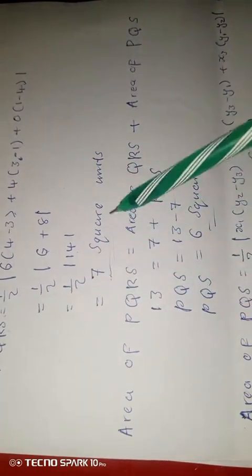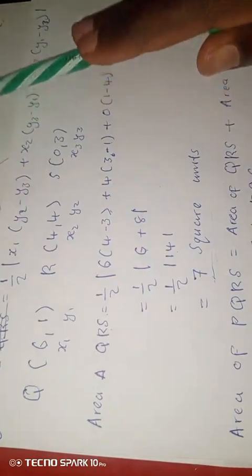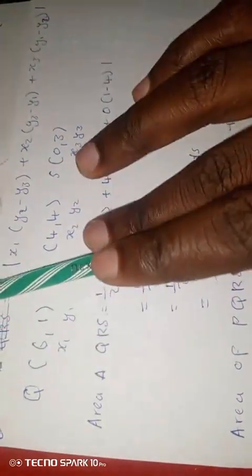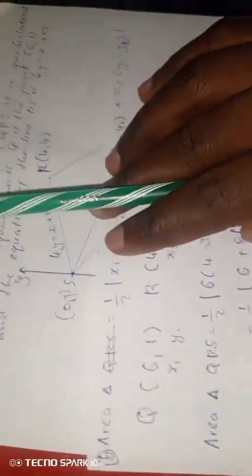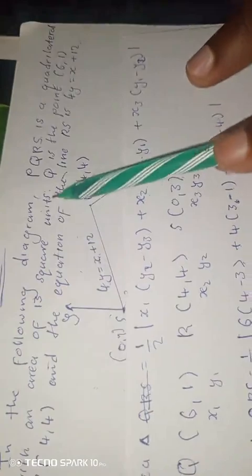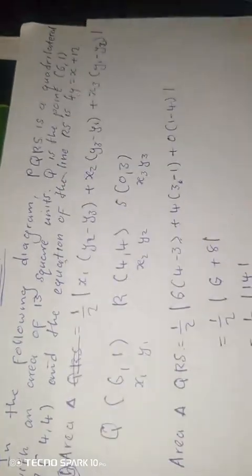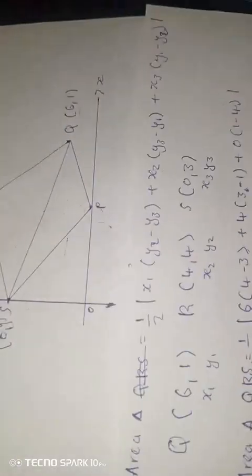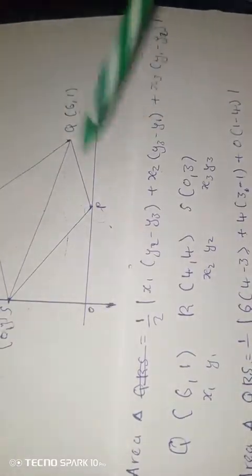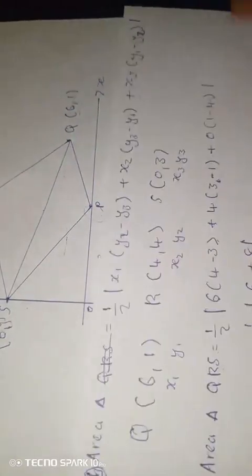Now from here, in the question, we have been given that PQRS is the quadrilateral with an area of 13 square units. So we need also to find the area of PQS. So how are we going to do that?